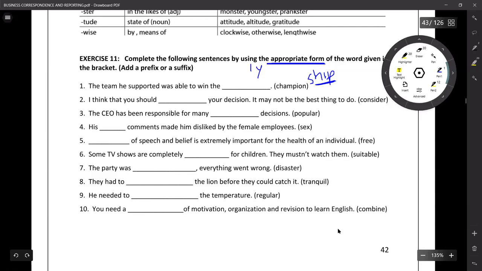Come on, guys. I hope you're midway at least by now. Done. Wonderful. Beautiful, Adarsh. Very good.